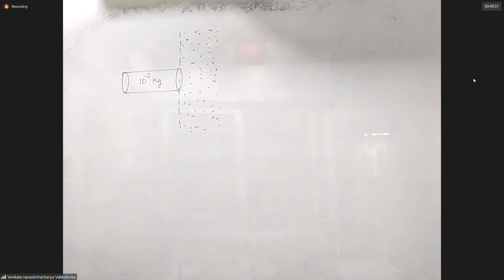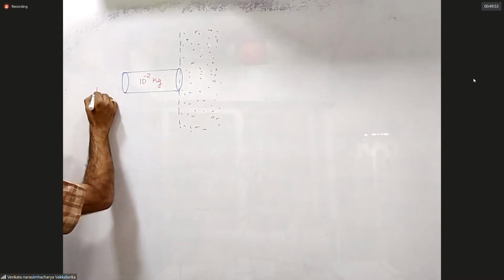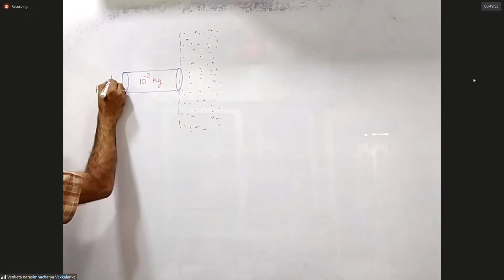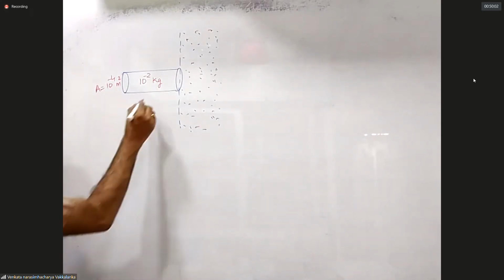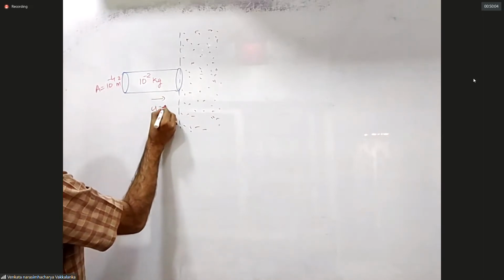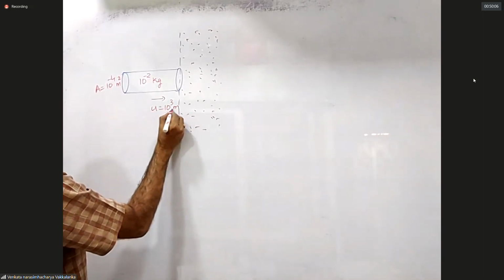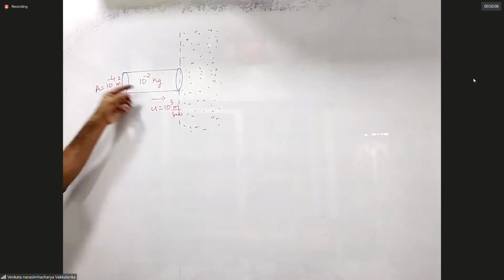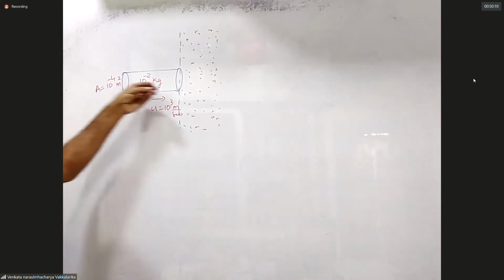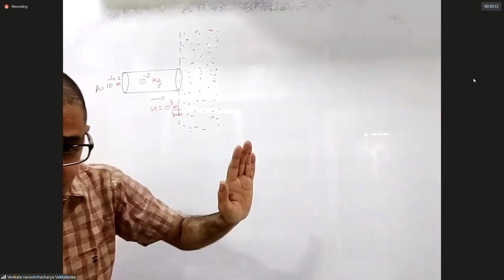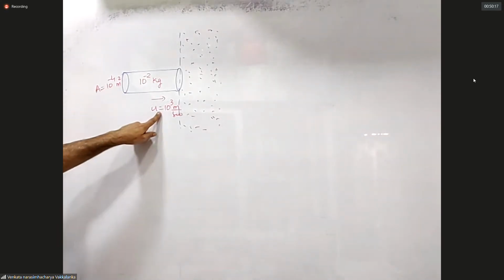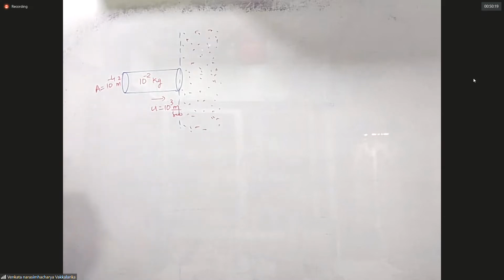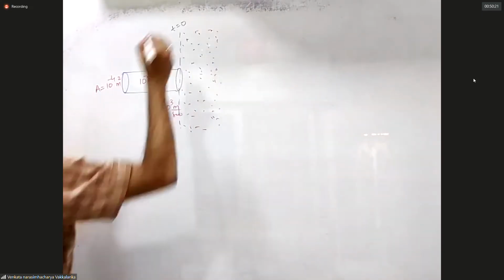Solid cylinder, area of cross section 10 raised to minus 4 meters square. It is entering with a speed of 10 raised to 3 meters per second. There is no external force. You gave a velocity and you released. Is it clear? At t equal to 0.